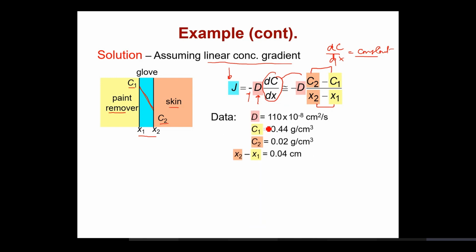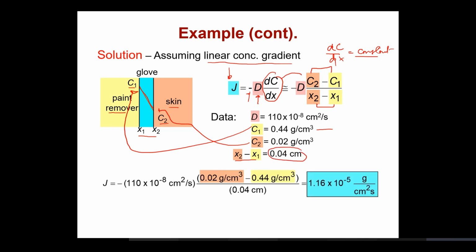Now C1 represents the higher concentration, C2 represents the lower concentration, and X2 minus X1 is essentially the thickness of the glove. Once you plug in the values, you essentially get 1.16 into 10 to the power minus 5 grams per centimeter square per second. You could also round it off. It's correct. So both of you have got correct answers.